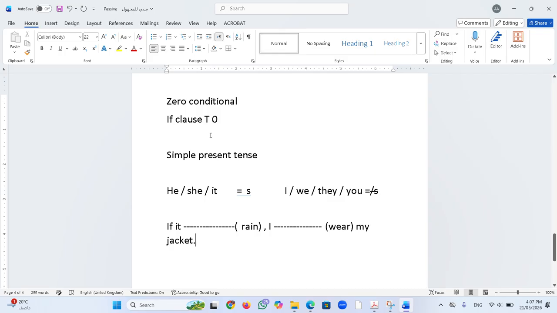We use if clause type 0 for scientific facts, and we use it for things that always happen. If it rain, it becomes rains because it is simple present and it takes s. So if it rains, I wear, we will not change the verb wear. Okay, thank you.